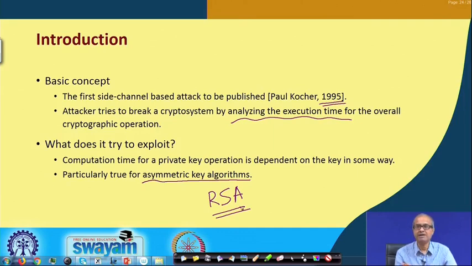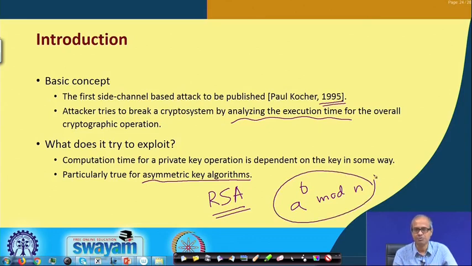Okay. In RSA, how you do encryption decryption? Basically, we are raising a number to the power of another number modulo some other number. These a, b, n are very large numbers. This is basically how this encryption and decryption both take place.